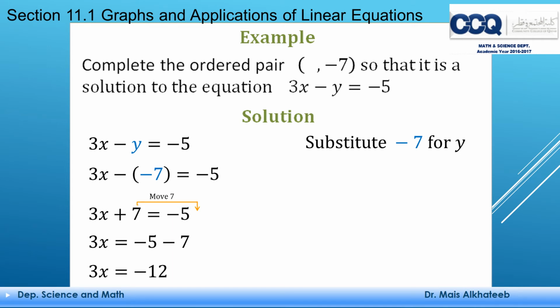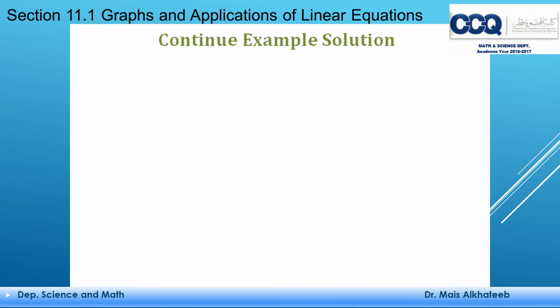So divide both sides by 3 to leave x alone. I have 3x over 3, which gives x alone.